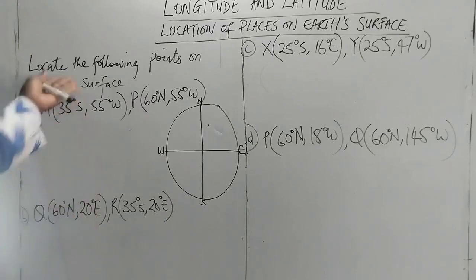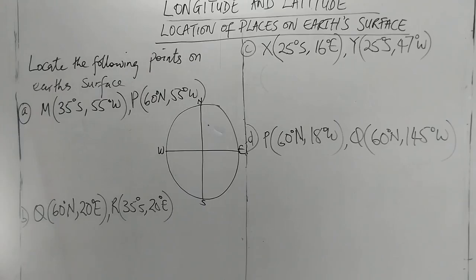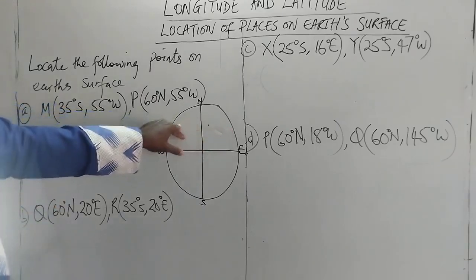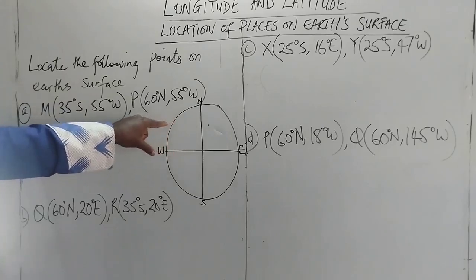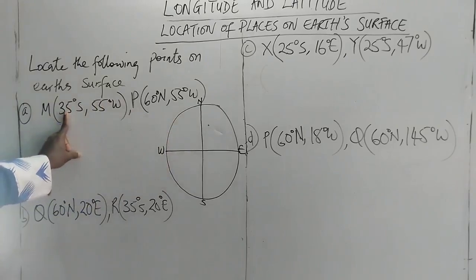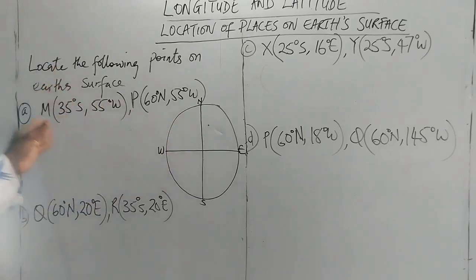The next thing is to start locating the points on the Earth's surface. Then another important information is that latitude is always first. In this nature, this question is asked.